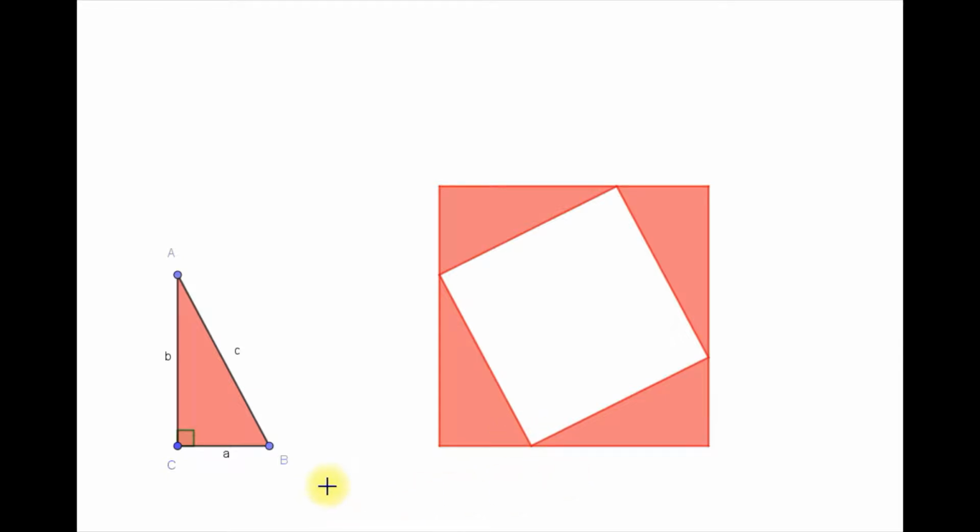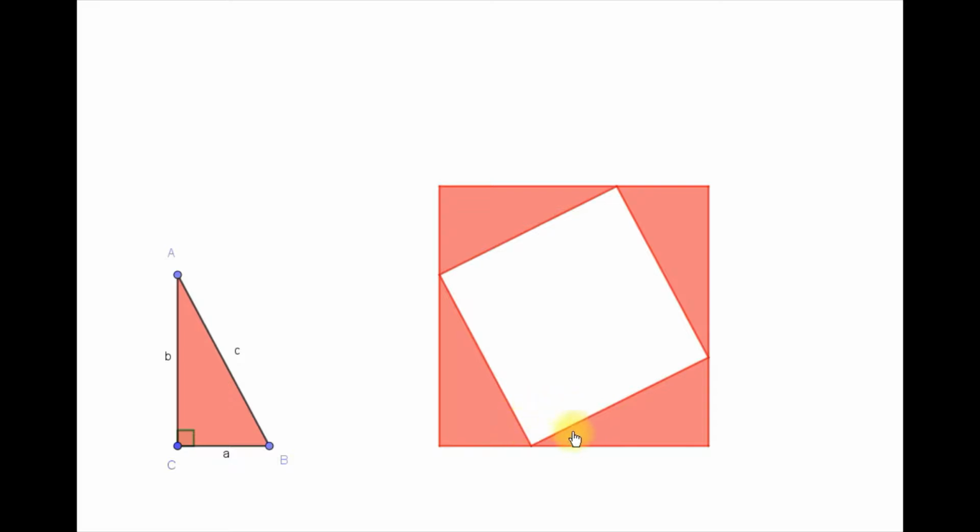Now, we know in a triangle all 3 angles add to 180 degrees, and since our original triangle was right-angled, one of the angles is 90, which means the other 2 have to add to 90. So if we go back to this new square, if I look where these 2 triangles meet, this angle and this angle add up to 90 degrees. We've got a straight line.